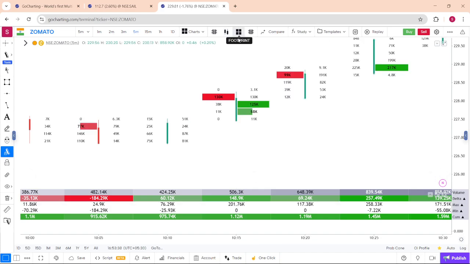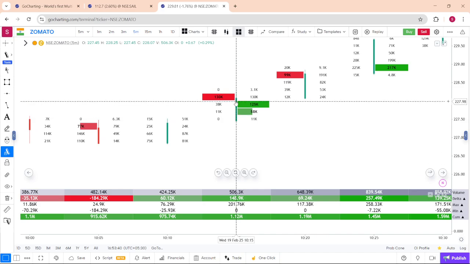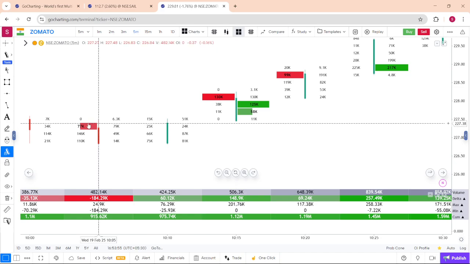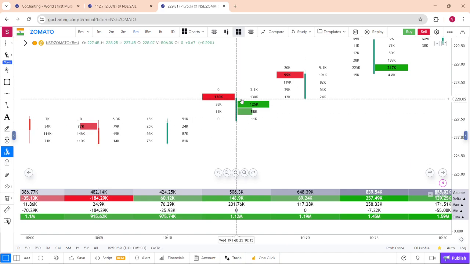What is the selling pressure and what is the buying pressure? Here, in this candle, there is a selling imbalance at 228, and there is a buying imbalance here. And this selling imbalance was totally beaten down by this green candle.